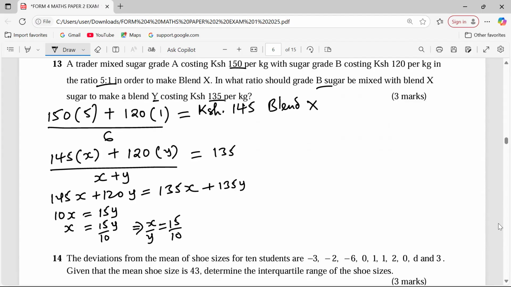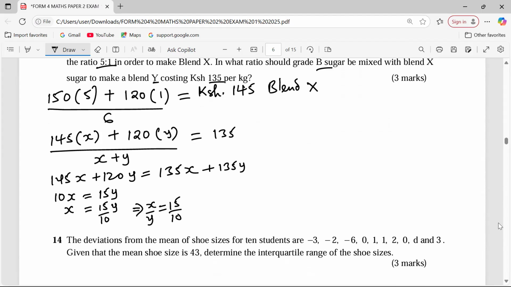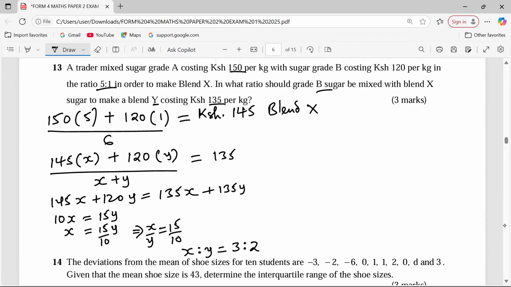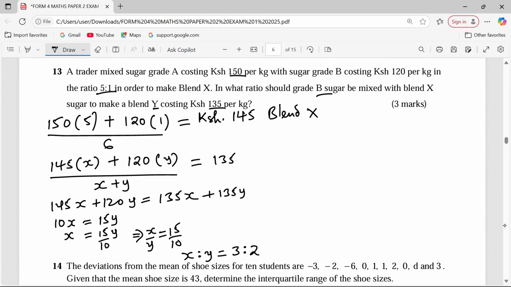So if x over y equals 15 over 10, then the ratio x is to y is 15:10, which can be simplified by 5 to give us 3:2. So the ratio in which blend X and B were mixed to give us Y, which is costing 135, is 3:2.